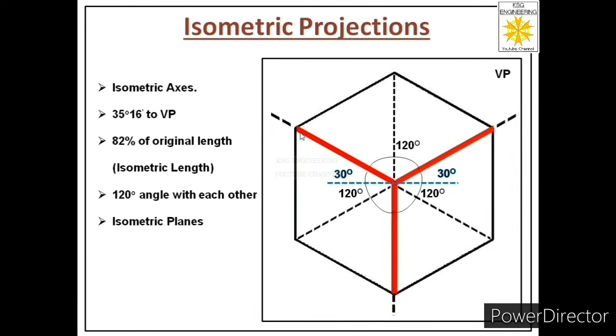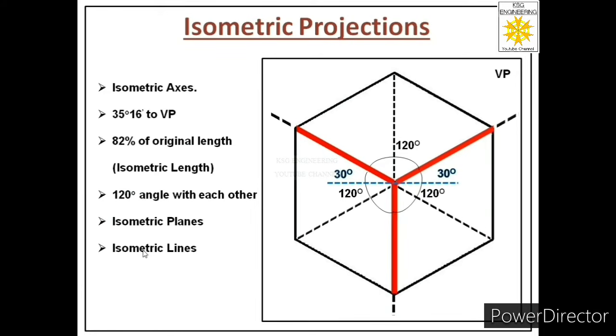Now you can see the principal faces are the top face, right front face, and left front face. The bottom face is parallel to the top face. So it means the bottom face is also an isometric plane.